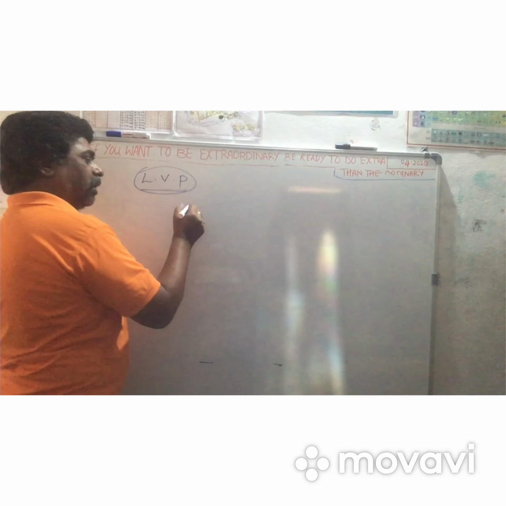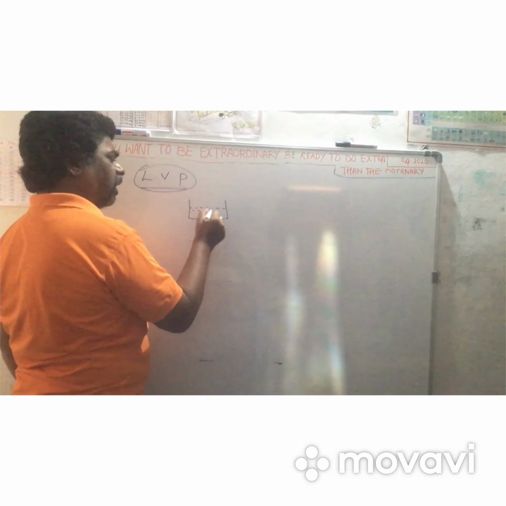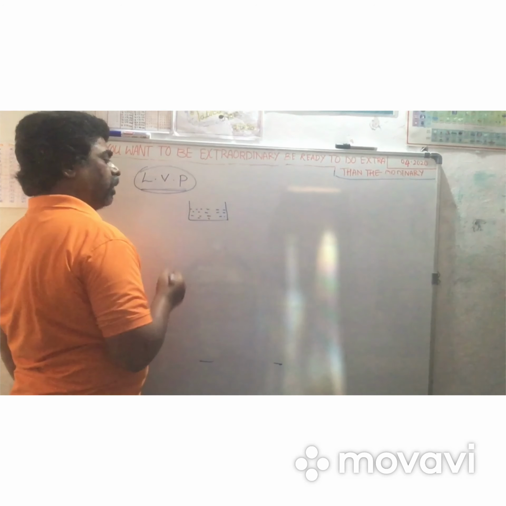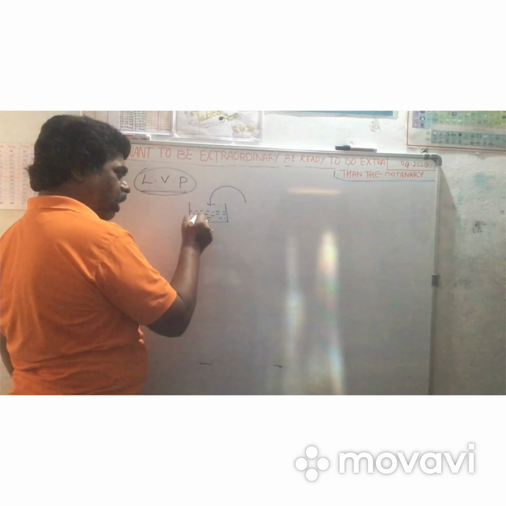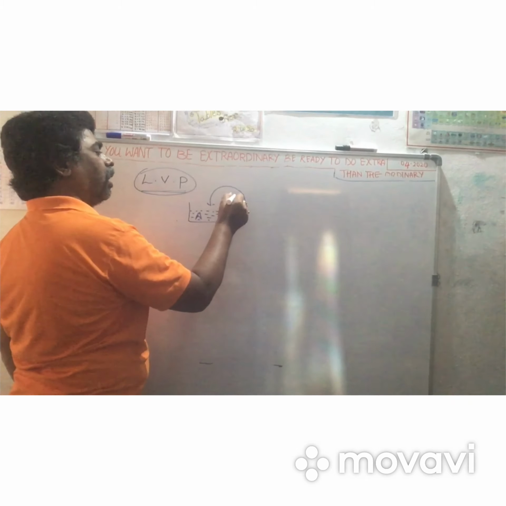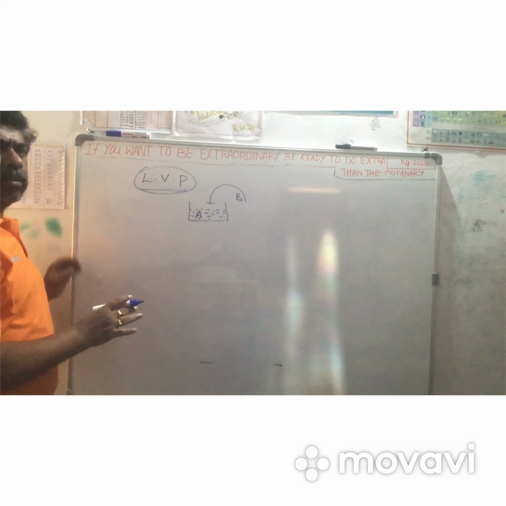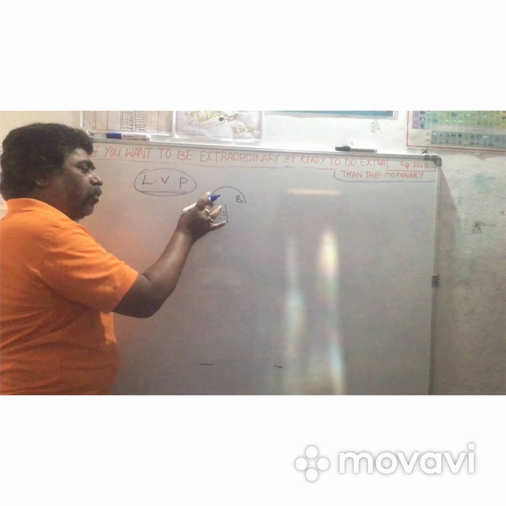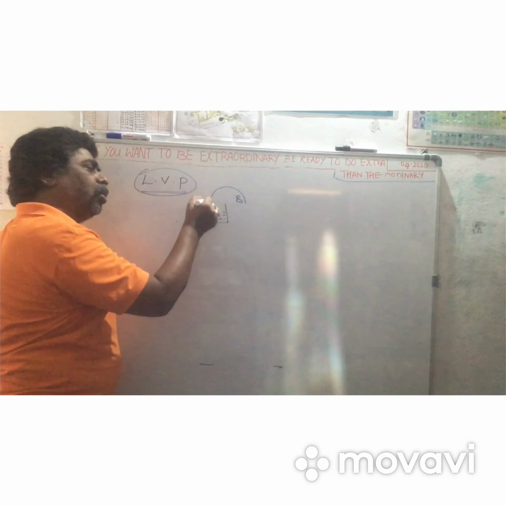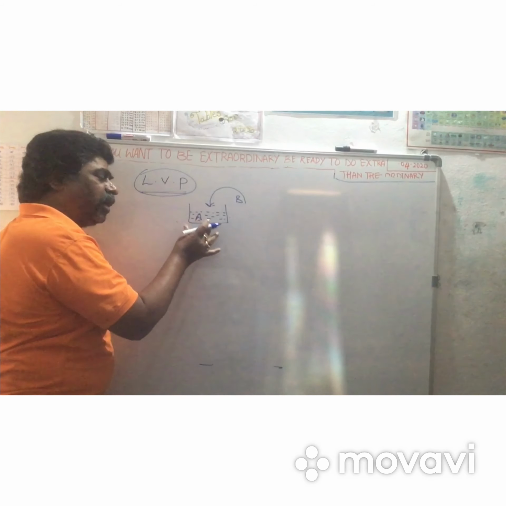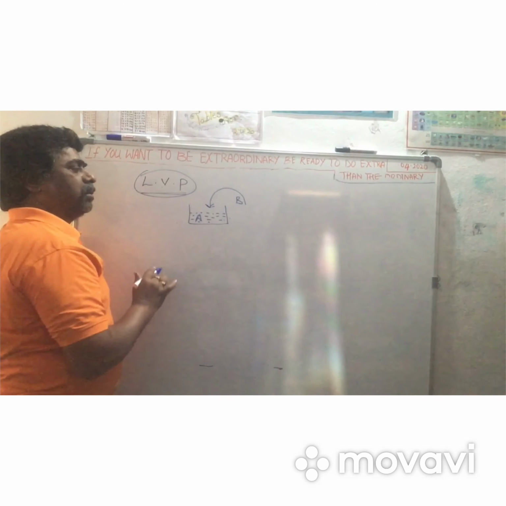For example, pure solvent is taken, only liquid solvent, no solute present. When non-volatile solute B is added to pure solvent A, the vapor pressure of the solvent decreases.